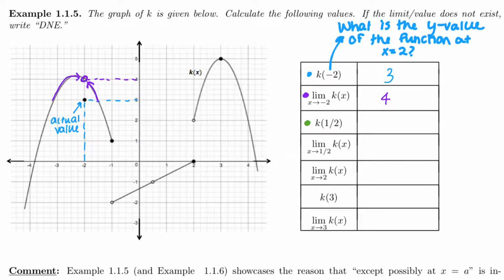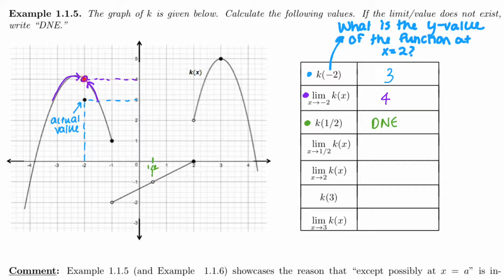So then, looking at k of 1/2, what is k of 1/2? Well, 1/2 is somewhere halfway between 1 and 0. And if I go down, there's an open circle there, right? If you look on the entire graph that we have visible to us, there's no closed circle at 1/2. So k of 1/2 doesn't actually exist because this isn't a filled in circle.